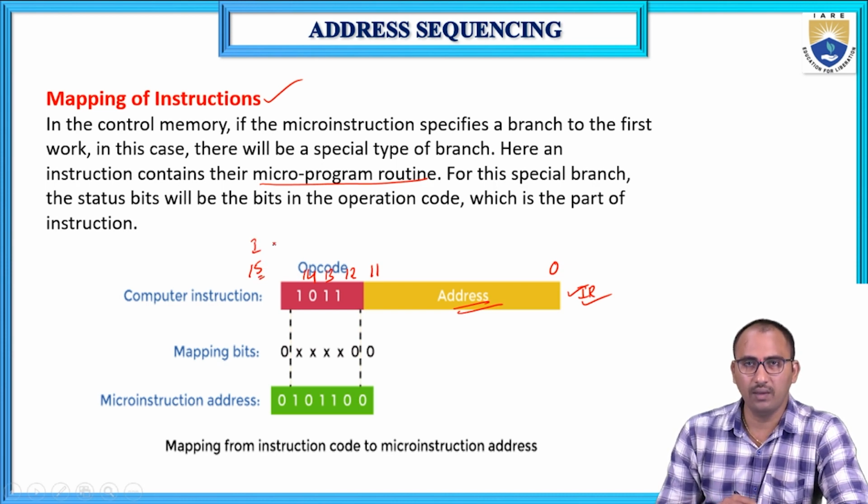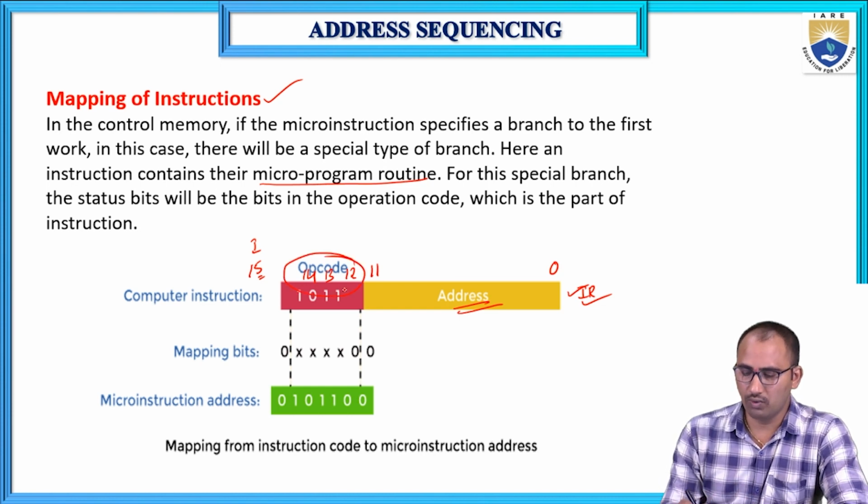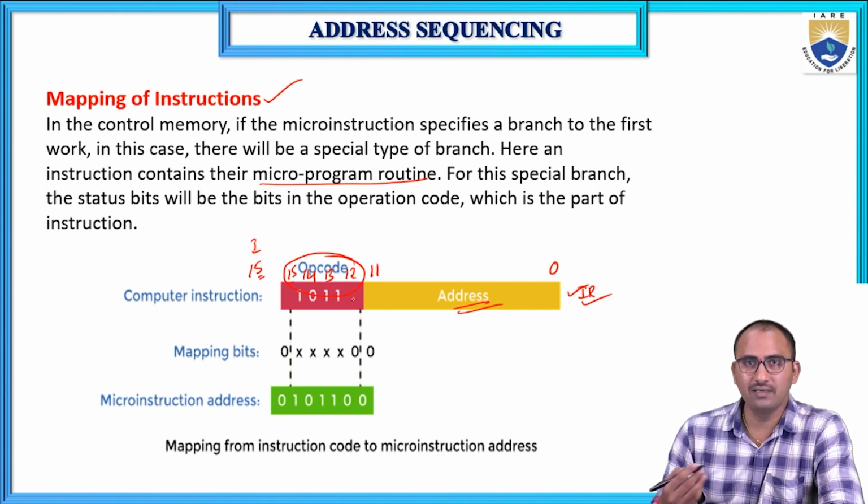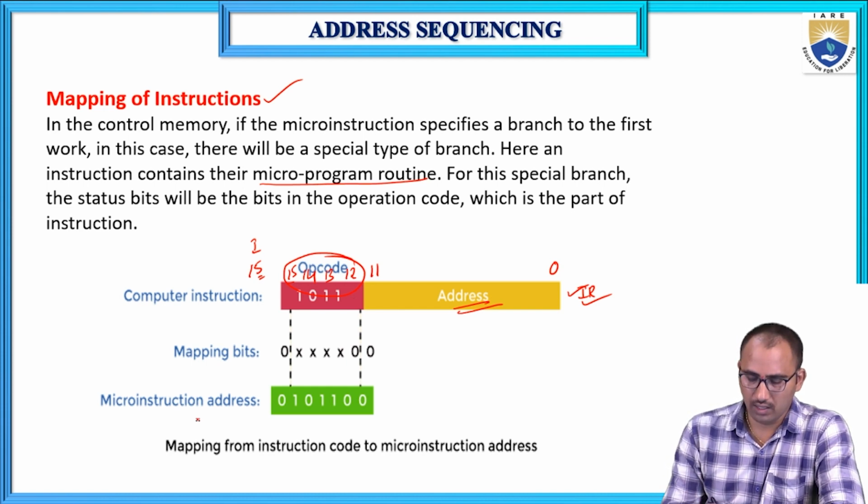The I bit represents whether the instruction has a direct address or an indirect address. Here we are using these 3 bits as the opcode, 12, 13, 14. The 15th bit we are also considering as part of the opcode. So using these 4 bits, and by adding some additional mapping bits, we are going to construct the micro instruction address in the control memory.